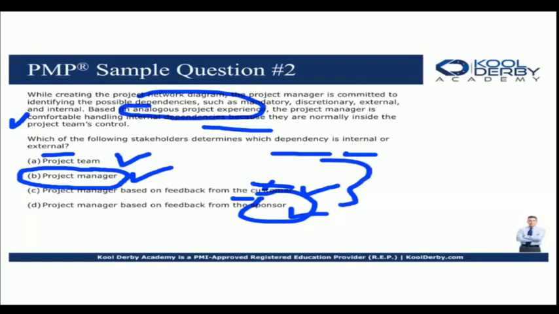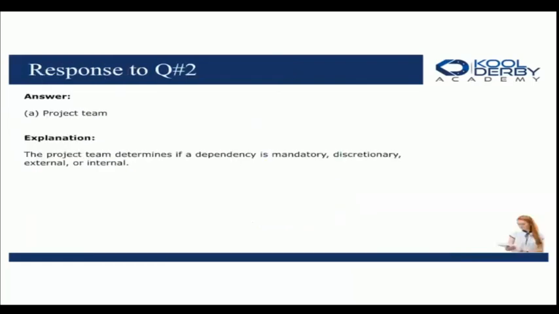All right, so here's the answer. So you know, it's the project team. The team has the knowledge and expertise to determine the dependencies for the project. Don't forget that now. The team, they are knowledgeable. PMI in the PMBOK guide likes that answer.